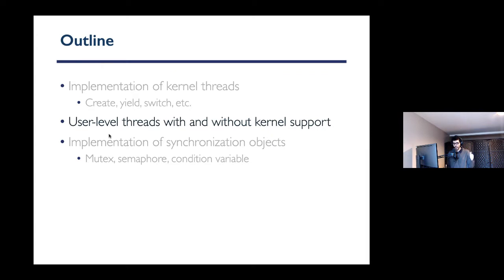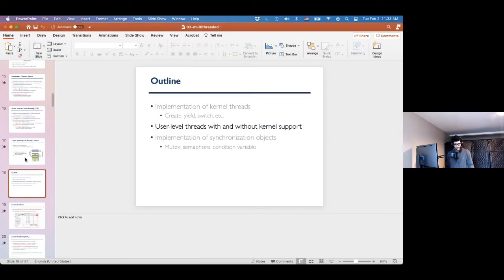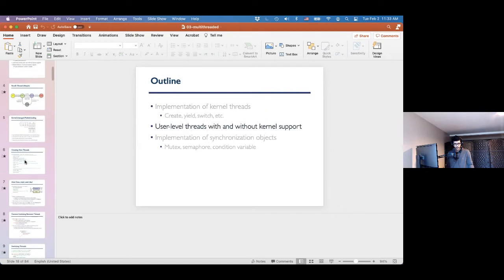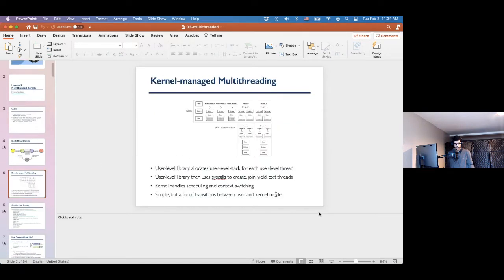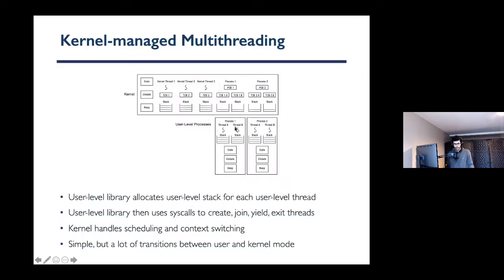So we talked about how we can create a thread, allocate stack, and then yield between the threads. I think the most important picture for the previous lecture is this one that explains what's going on with multi-threading inside the kernel.